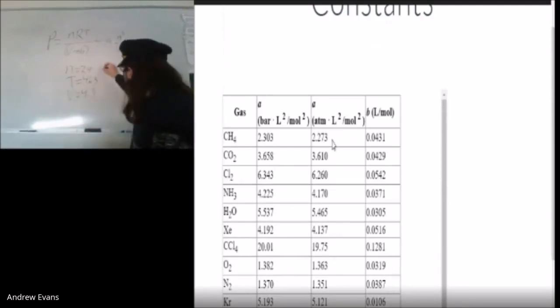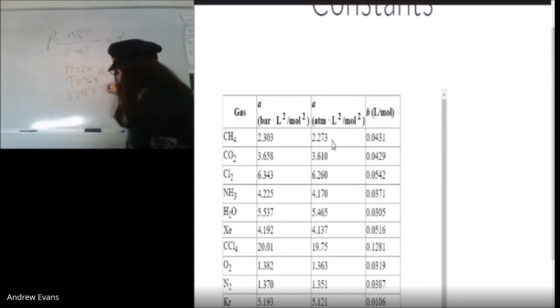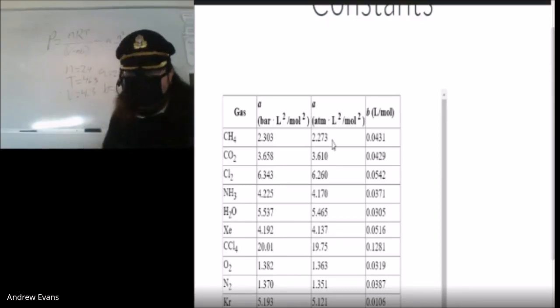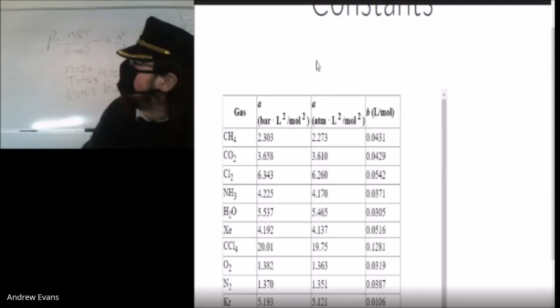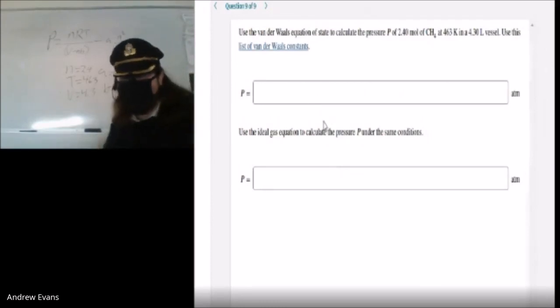So a is 2.273 and our b is 0.0431. A has to do with the attractive and repulsive forces. B has to do with the actual molecular size.